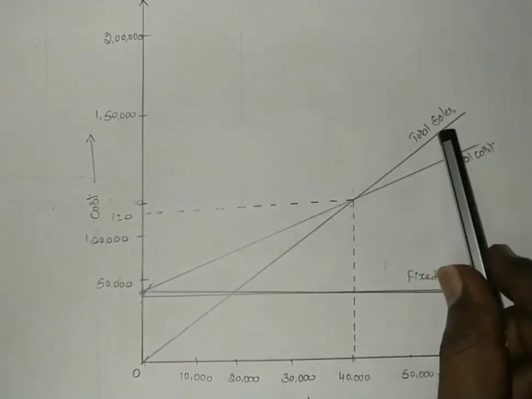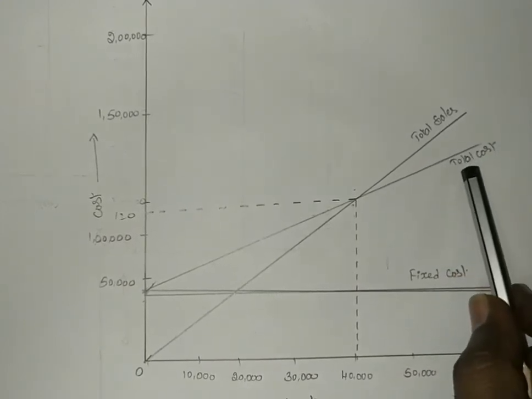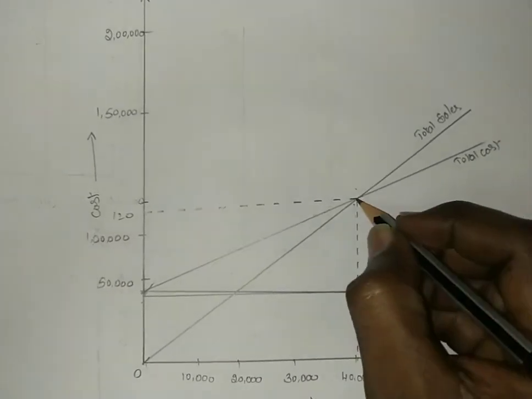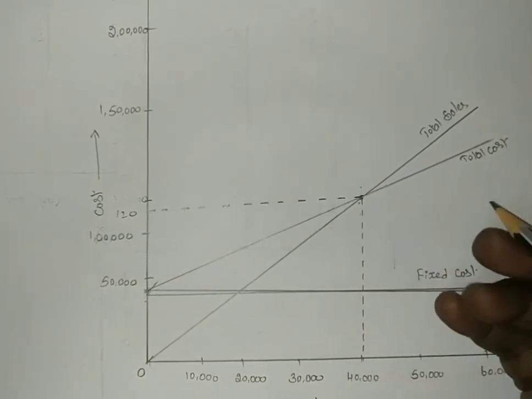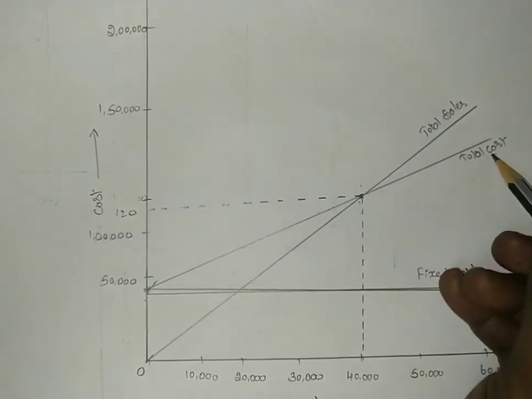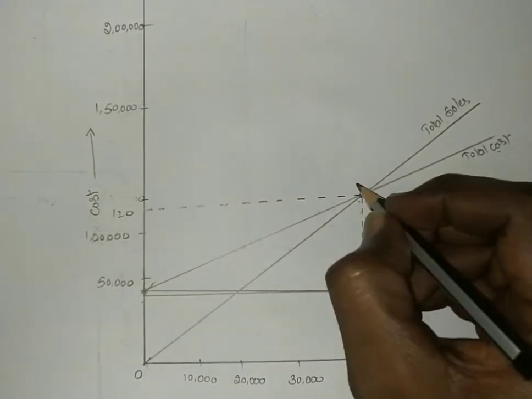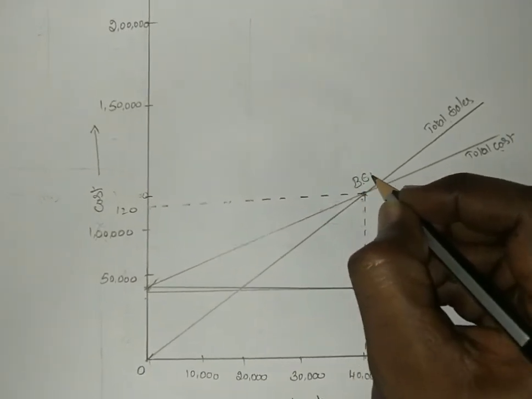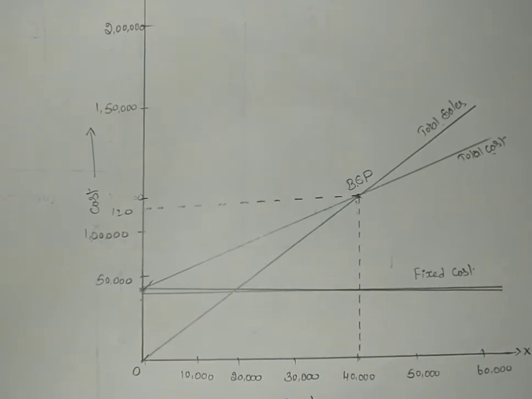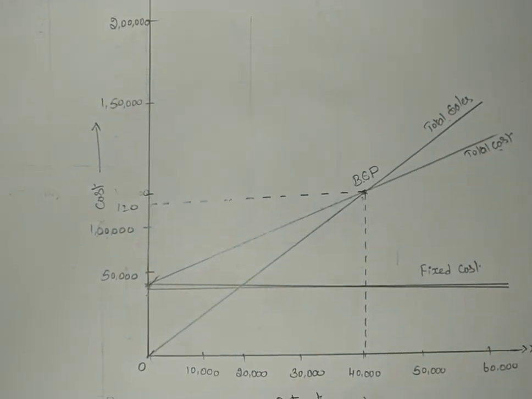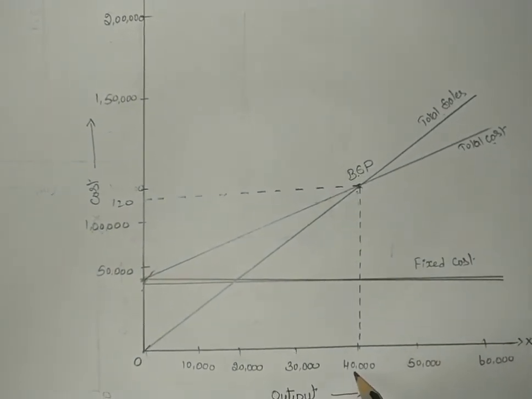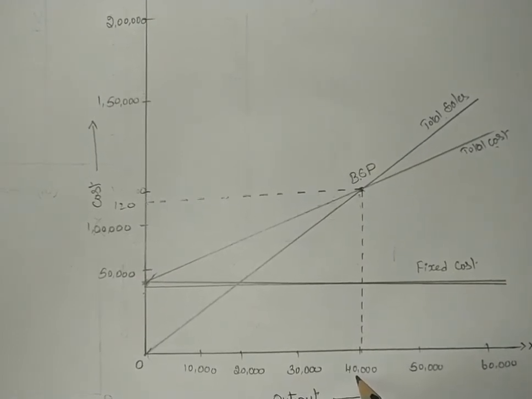I have drawn both the total sales revenue and total cost curves, and the point at which these two meet, that is, where total sales revenue equals total cost, is called the break-even point. As we already calculated, 40,000 units is the break-even point in terms of units.